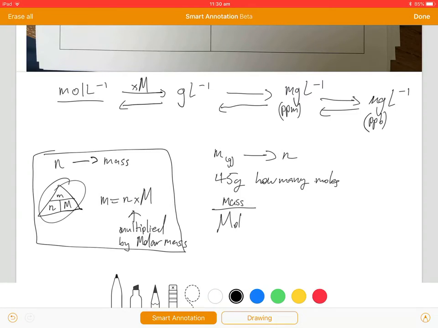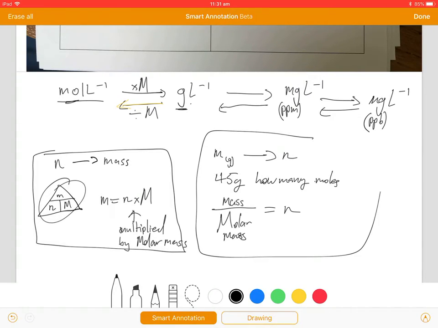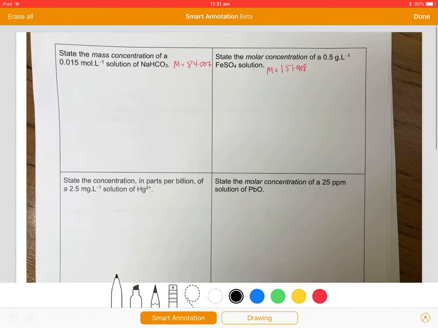I might just write mass there and molar mass just to make sure. And that'll equal the moles. So likewise, going back in this direction, we're just going from grams per litre to moles per litre. The per litre stays the same, so nothing changes there. The only thing we need to change is the grams back to the moles, and therefore we just divide by molar mass, as we know from that sort of thing.